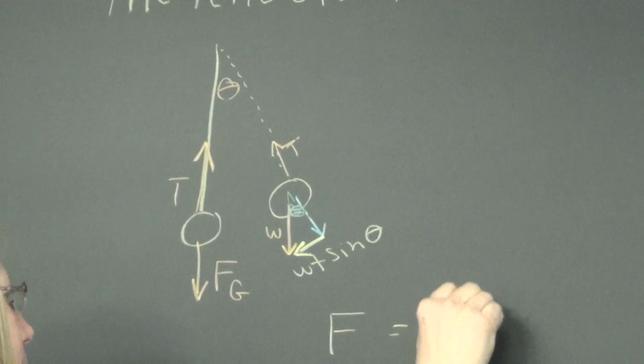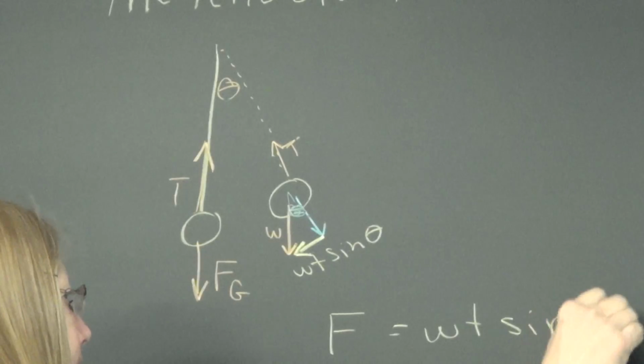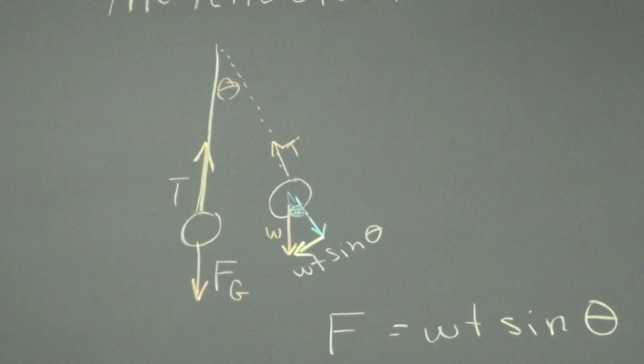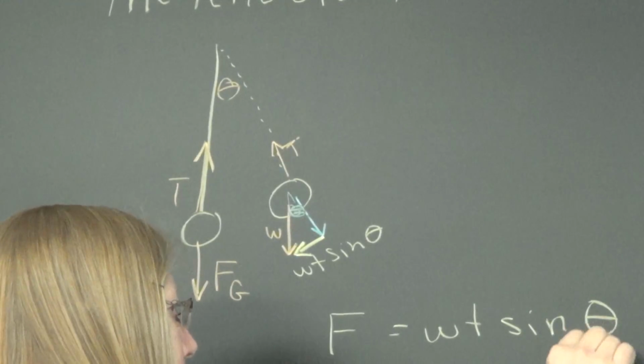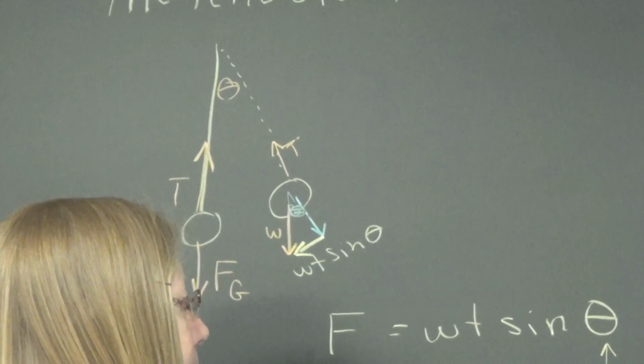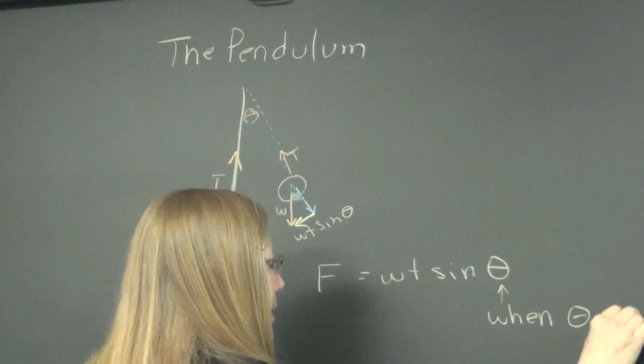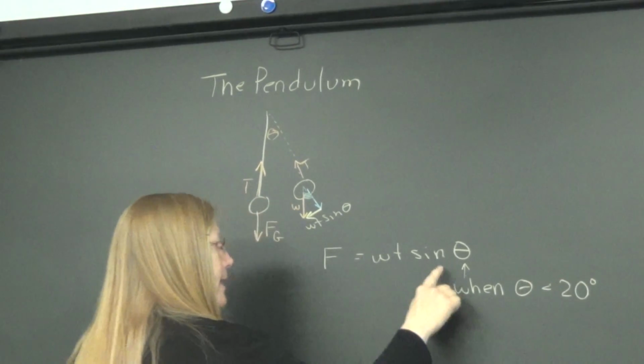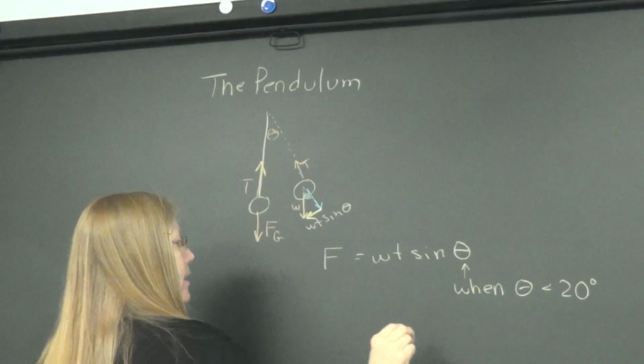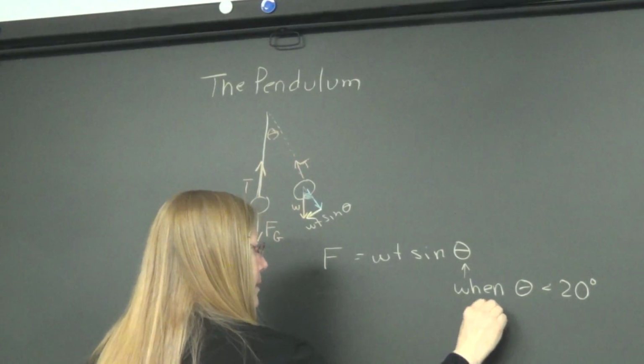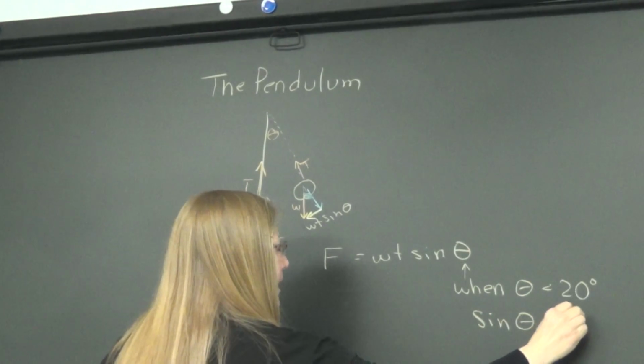And it turns out, for angles that are small, when this angle is less than 20 degrees, sine theta is almost equal to theta, almost.